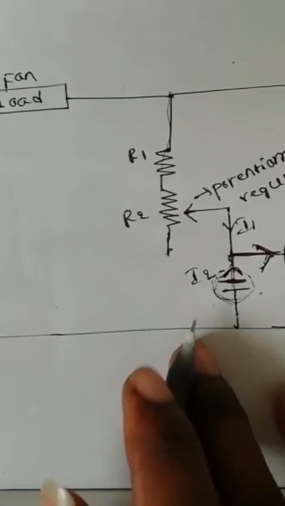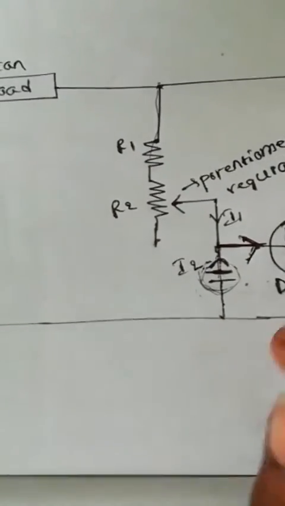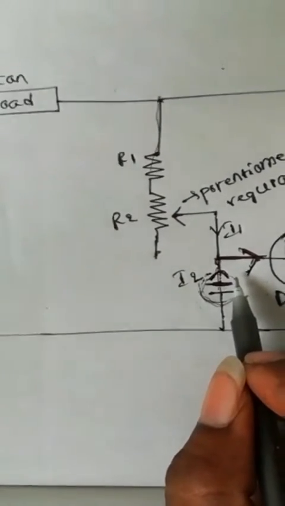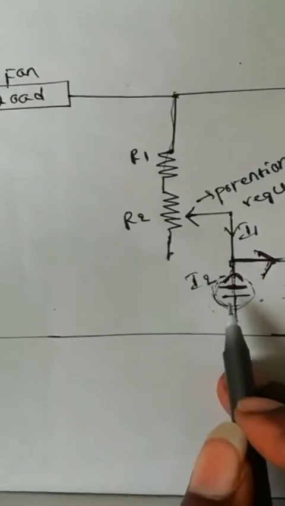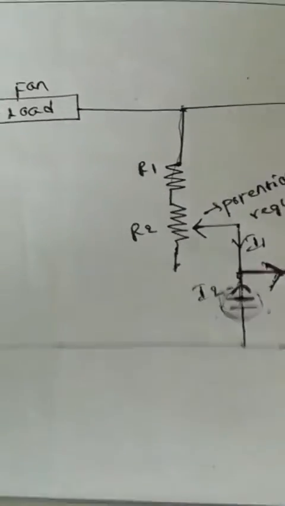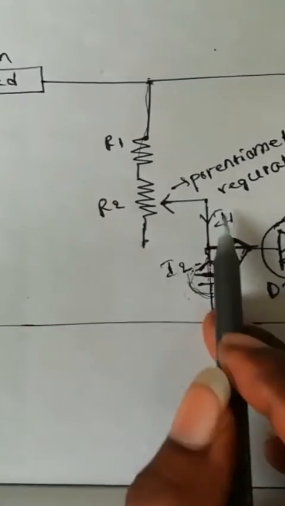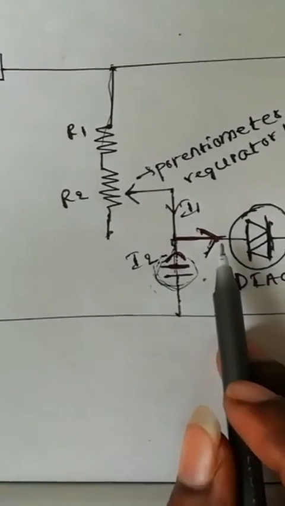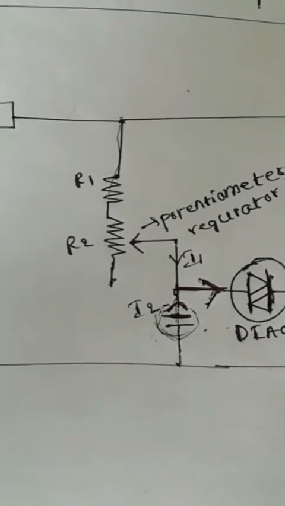Now what we have to observe is, after it is fully charged and activated, it discharges, and our input signal is there. These two currents I1 and I2 combinedly activate the diac component, and a lot of current passes through the gate terminal and activates the triac component.